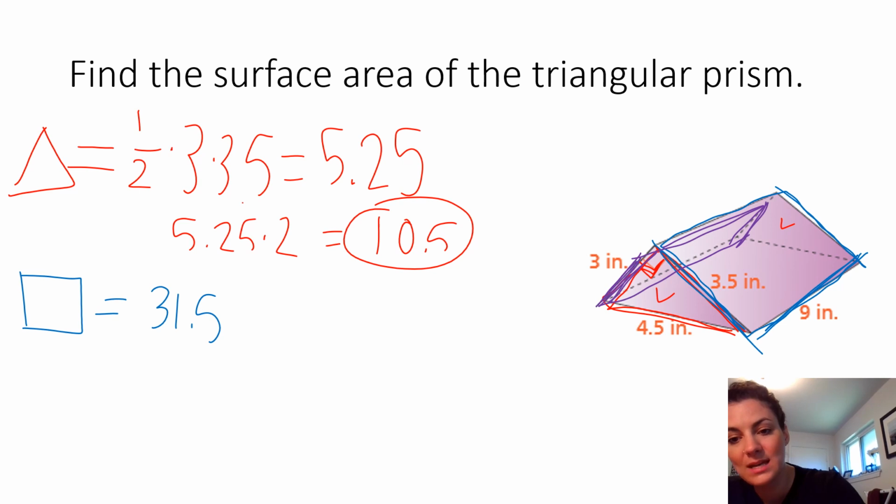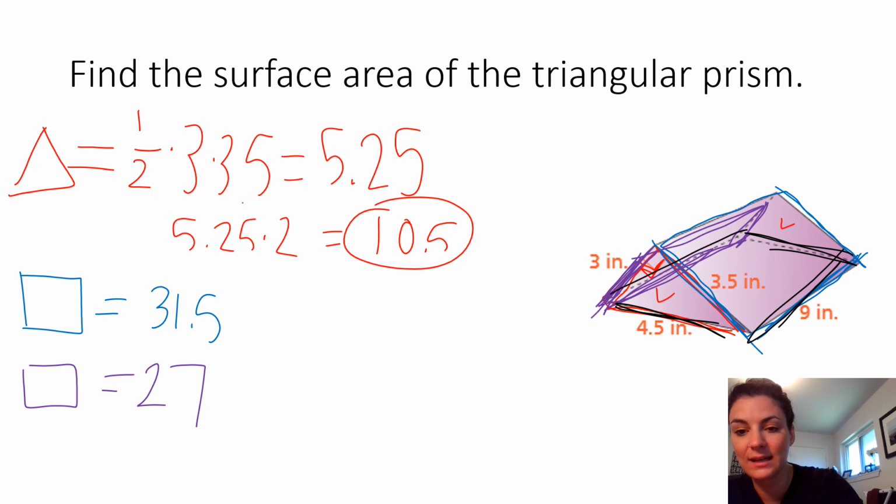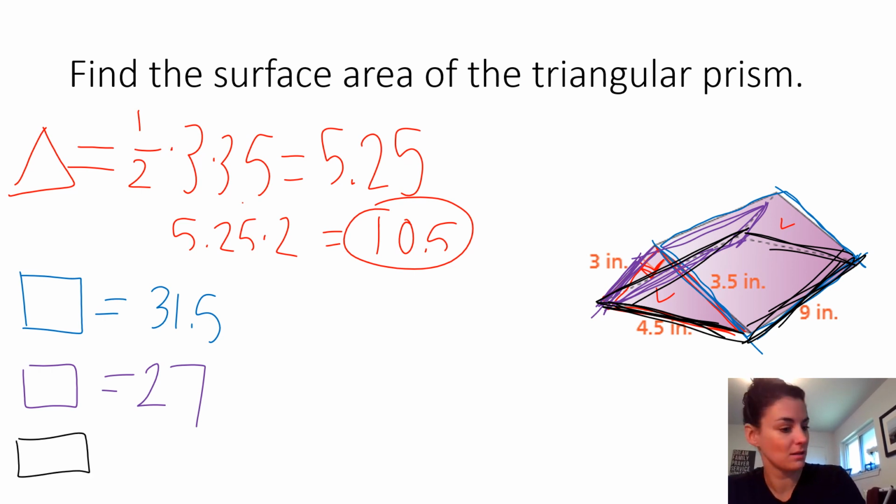It would be 3 by 9, so that would be 27. And then lastly, the bottom of this prism, the way it's sitting, is going to be 4.5 by 9. 4.5 times 9, which would be 40.5.